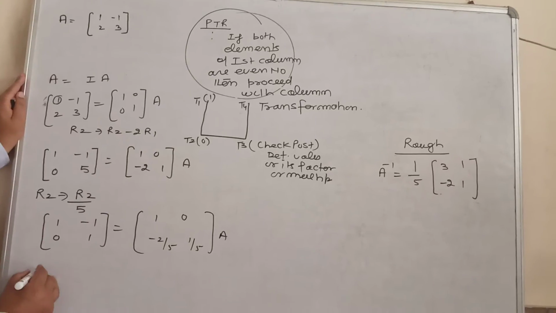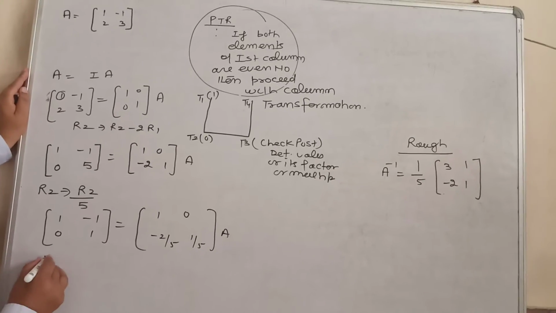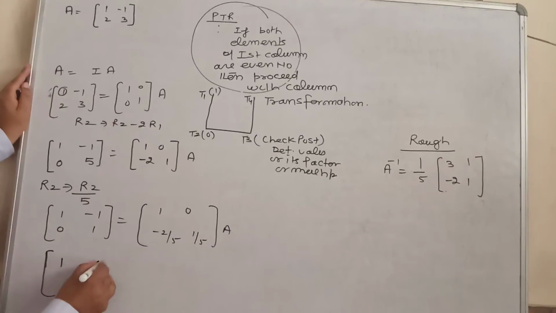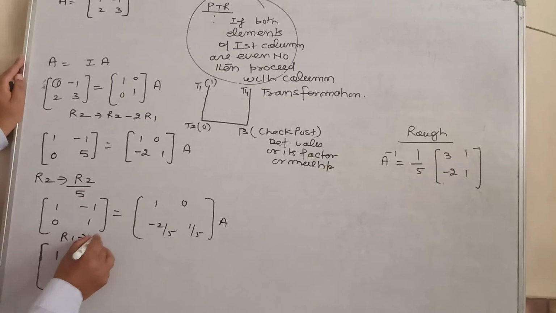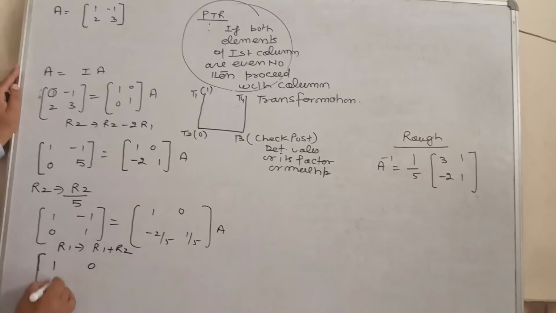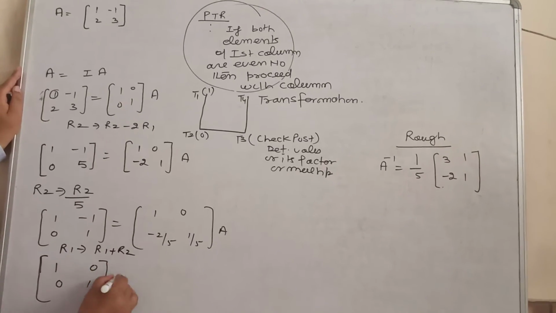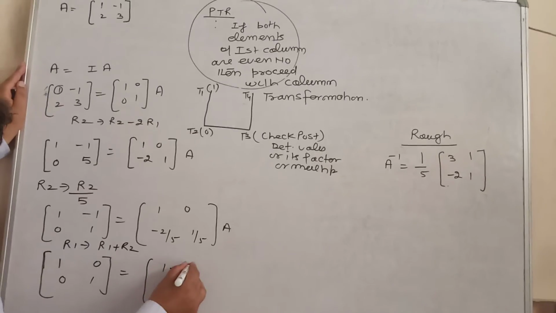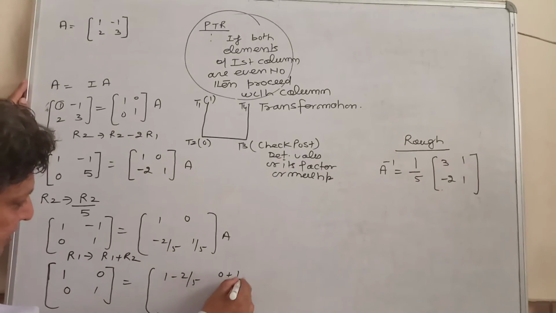Now it comes to the turn of target 4. R1 goes to R1 plus R2. This gives 1, 0 in the first row, with 1 minus 2 by 5 and 0 plus 1 by 5.